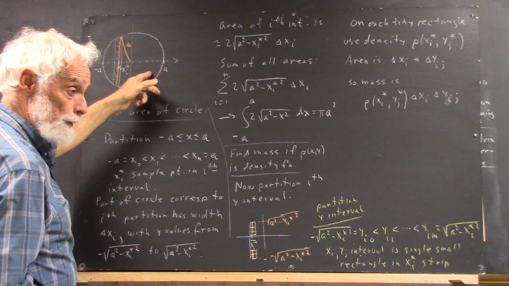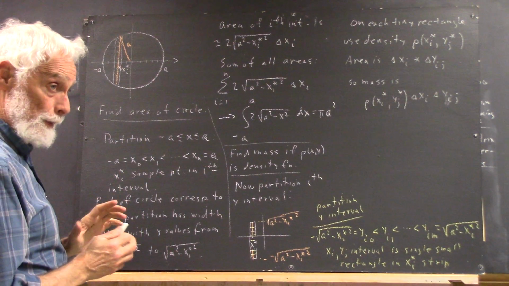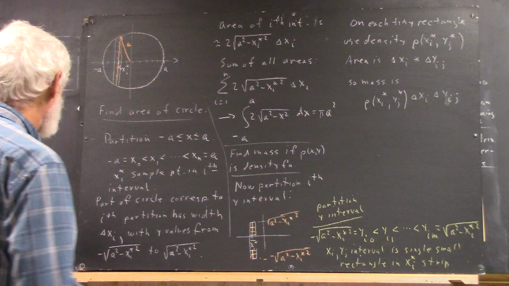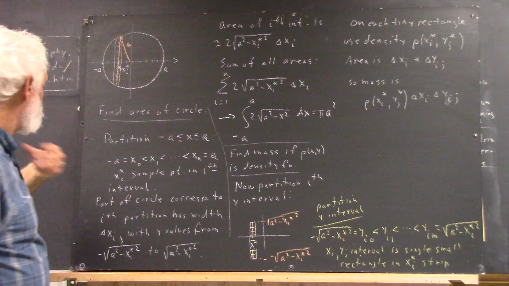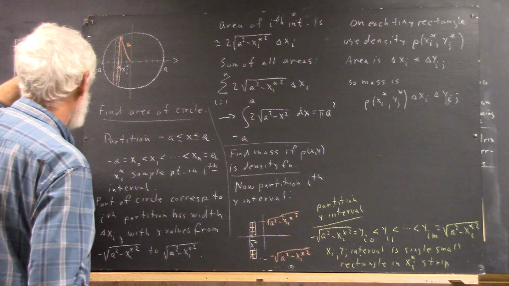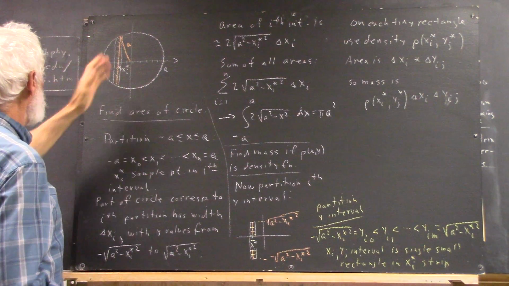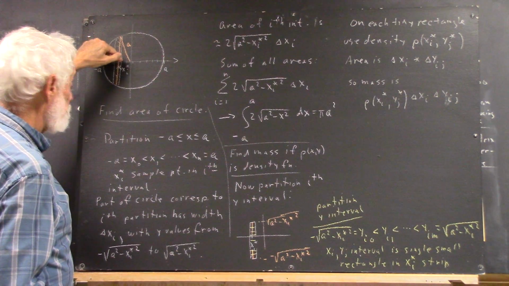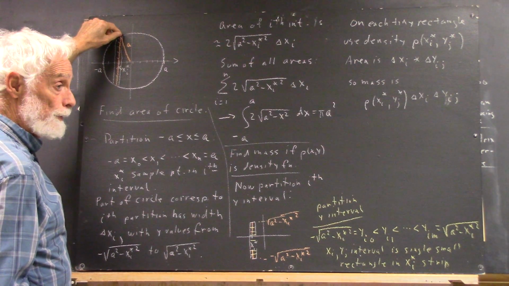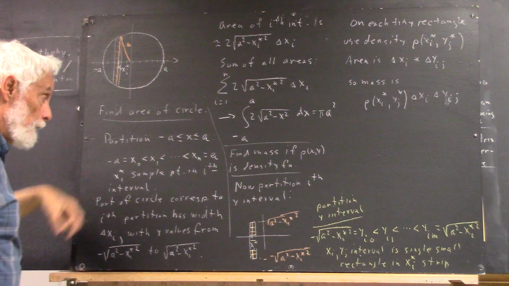I've indicated that here, but of course we think in terms of breaking it up into a very large number of subintervals, so the intervals are very, very short. Well, each interval of that partition corresponds to a part of the circle. We just take vertical lines through these points on the x-axis, and we have the part of the circle that we're going to associate with that interval of the partition.